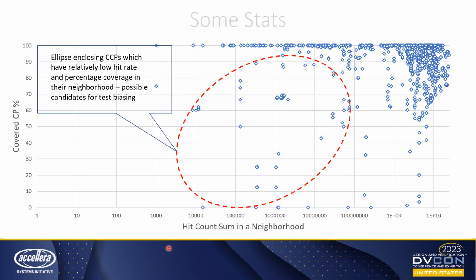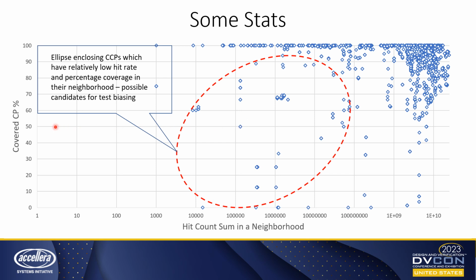Now that we have defined the concept of neighborhood, let me present some interesting statistics which will shed some light on the intuition behind the GraphCov approach. This is a scatter plot where every point is a CCP, or a green node in the trace driver graph. The x-coordinate of the CCP represents the sum total of the hit count of all the CPs in the neighborhood of this CCP.